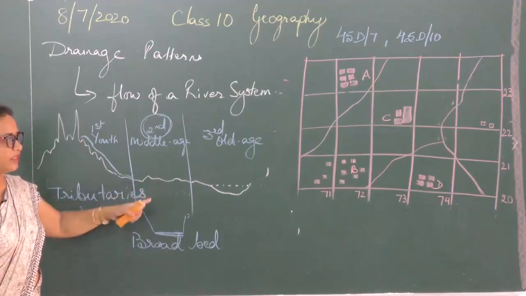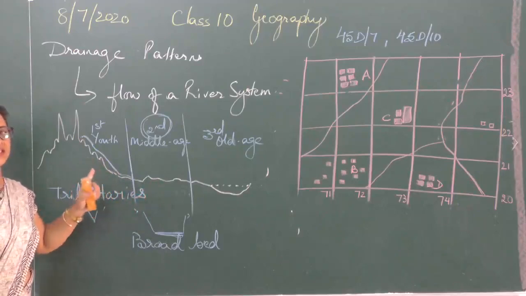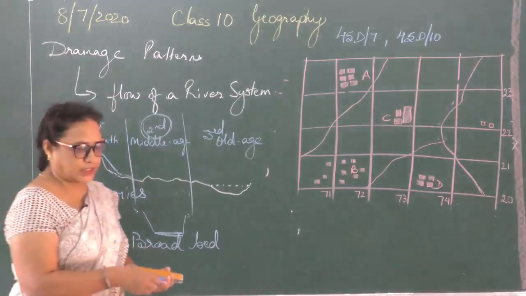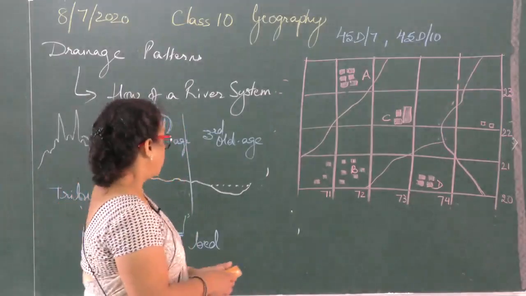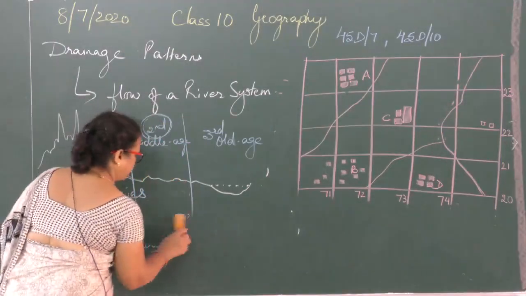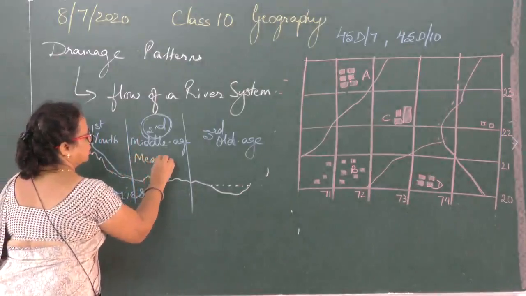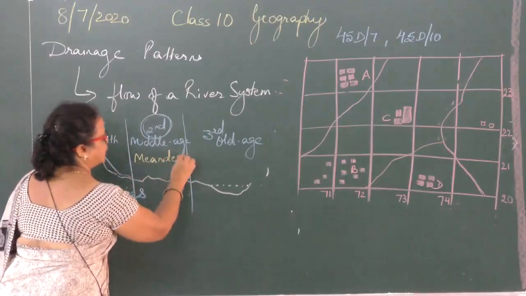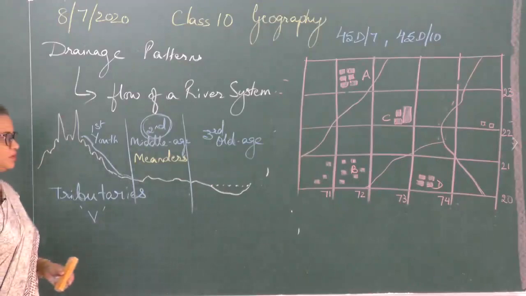And one more point, write down. Due to the decrease in the velocity of water, meanders are formed. Meanders is a new word for you, spelled M-E-A-N-D-E-R-S.